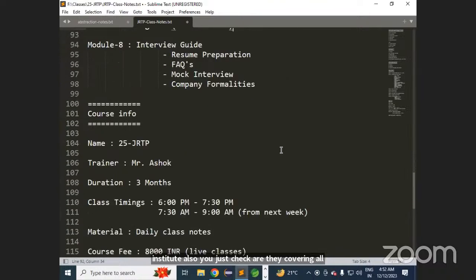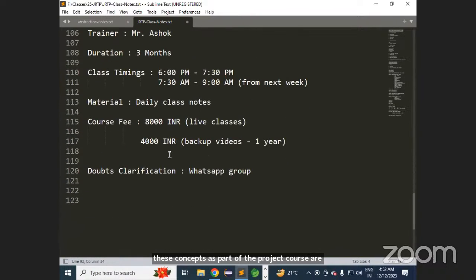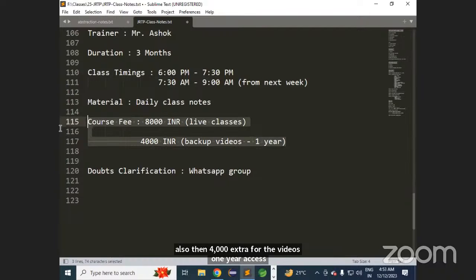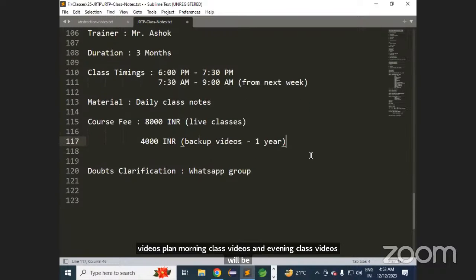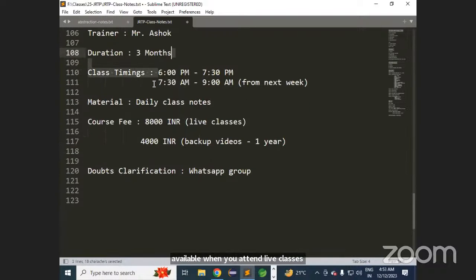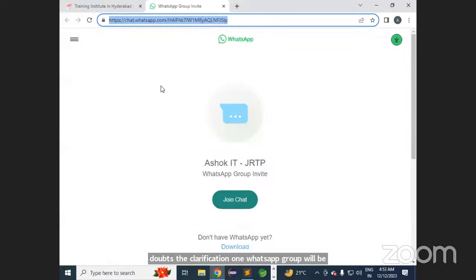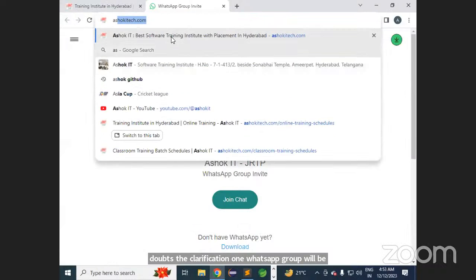Next one. If anybody wants to take backup videos also, then 4,000 rupees extra for the videos, with 1 year access. Total 12,000. When you take the backup videos plan, morning class videos and evening class videos will be available. You still have to attend the live sessions, morning and evening. For doubts clarification, one WhatsApp group will be provided. For daily class notes, we have created a portal on the Ashok IT website.